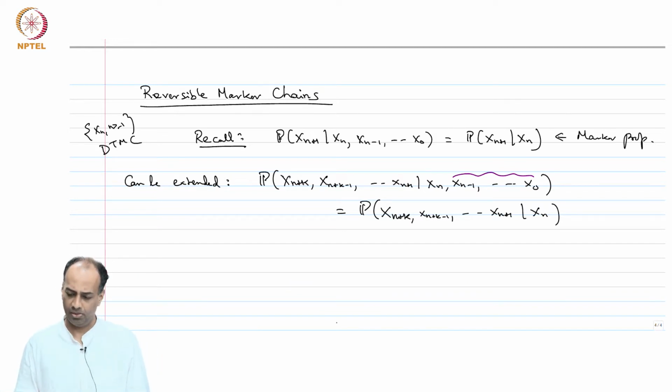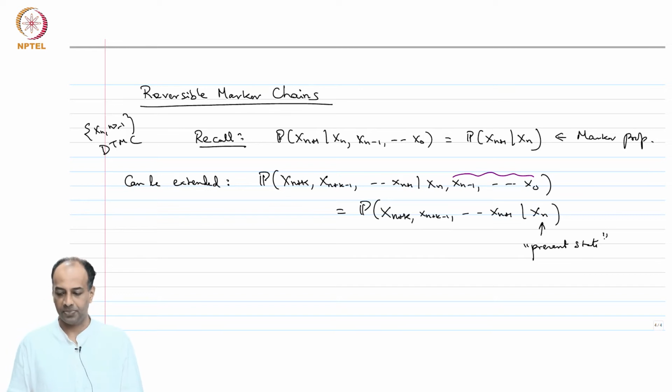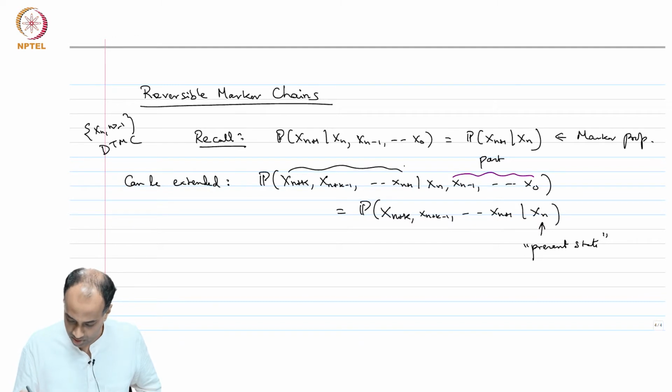Now, I want to think of X_n as the present state, all of the earlier ones as the past, and all of the later ones as the future.